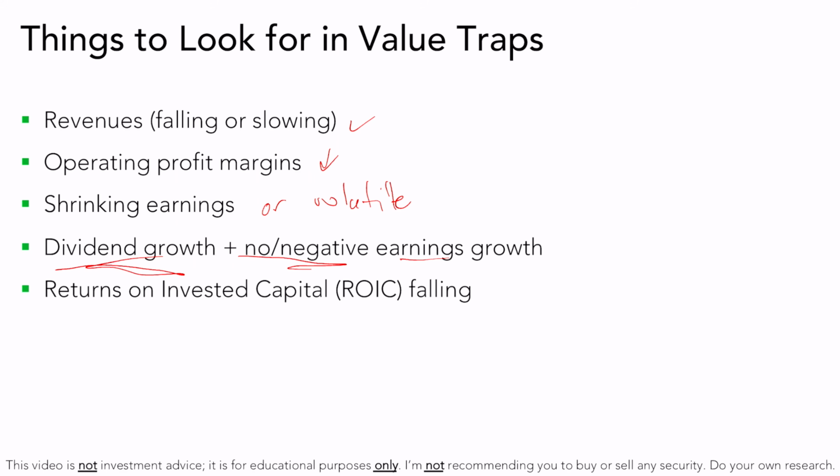And then finally, returns on invested capital, either well below average, so well below, say, 10%, being the rough long-term average of most companies. If it's below that or falling, it's possible that it could be a value trap. These are not hard and fast rules. There are a lot of reasons why a company might show a worrying sign that may be something completely legitimate.